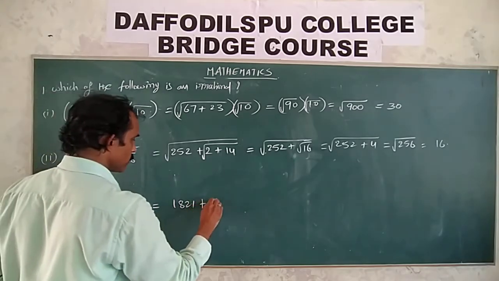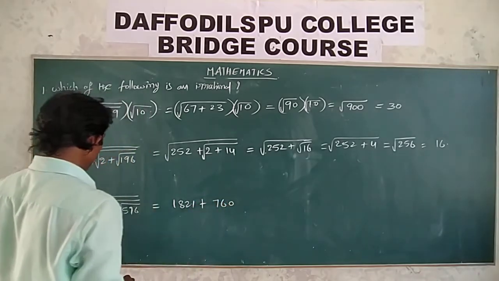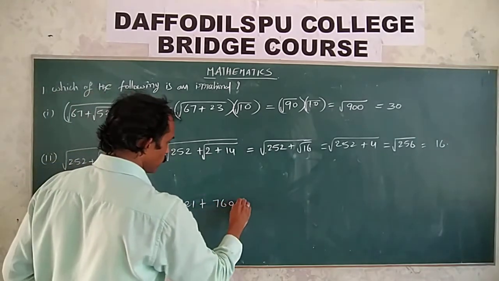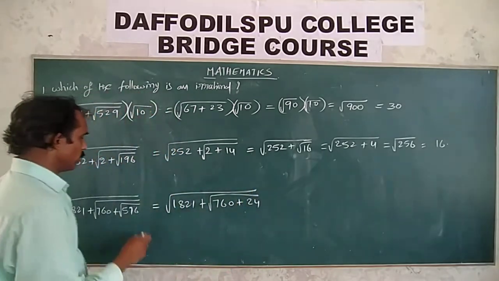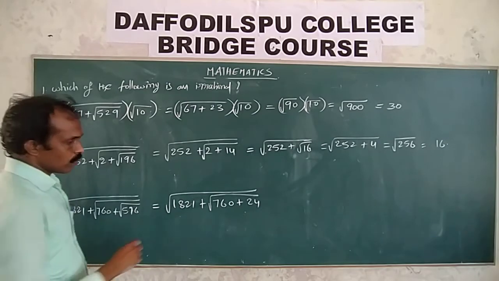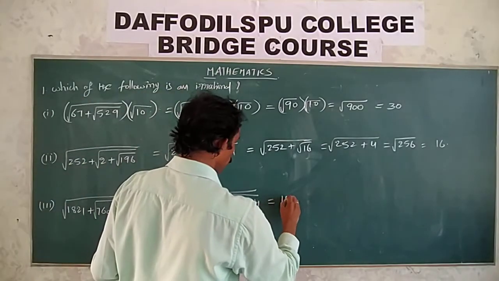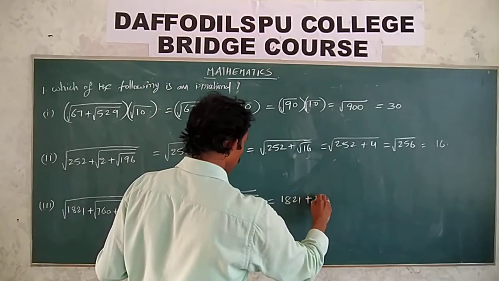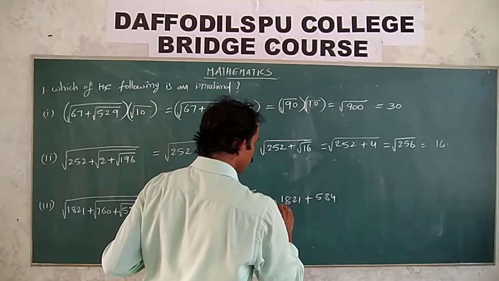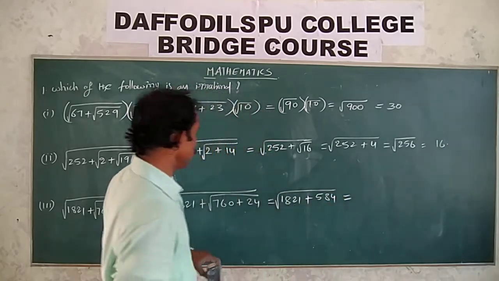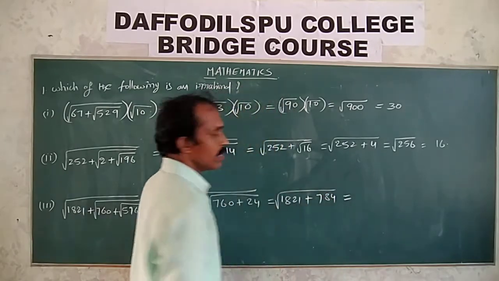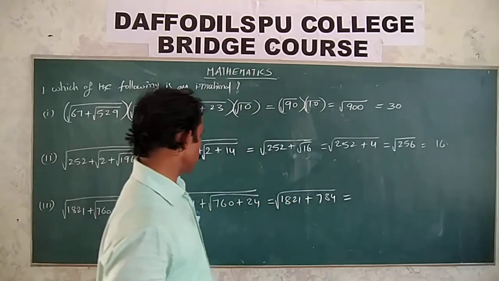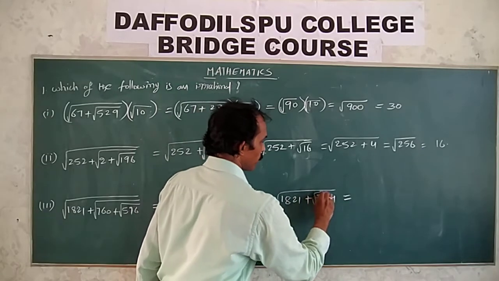1821 plus 760 plus root 576. That value is 24. So this value is equal to 1821 plus 784. 784 is a perfect square.